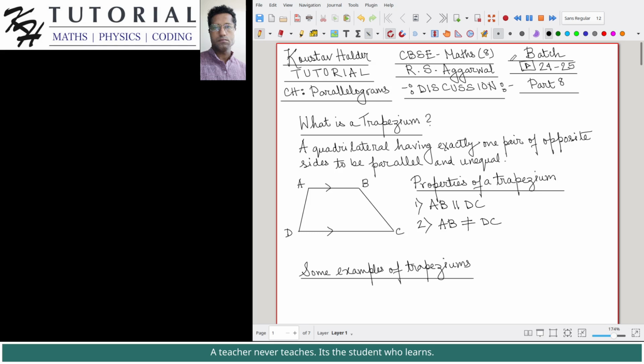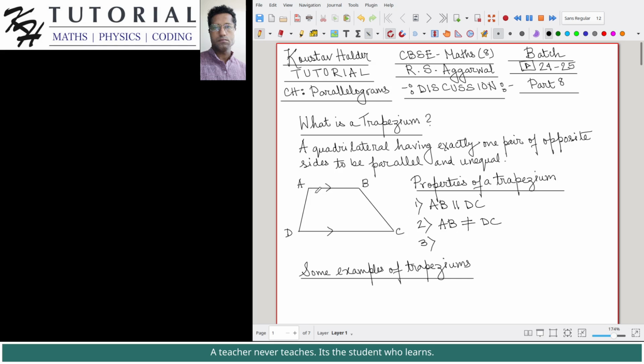So we have opposite sides AB and DC parallel and of unequal length. Also, since AB is parallel to DC, based on this fact we will have two pairs of adjacent angles which are supplementary, that is their sum will be 180 degrees.